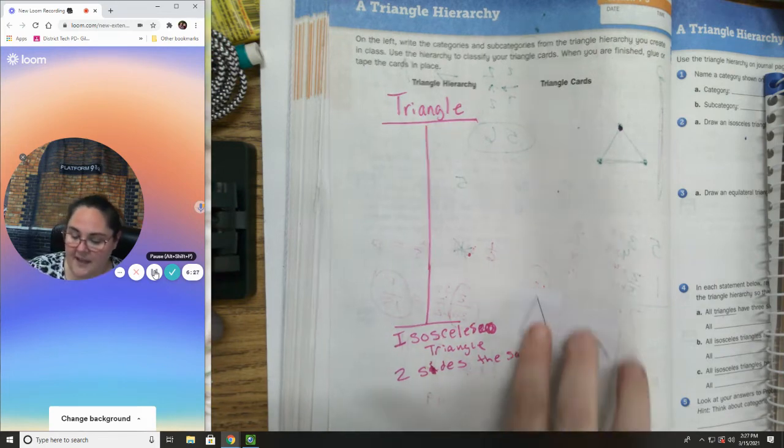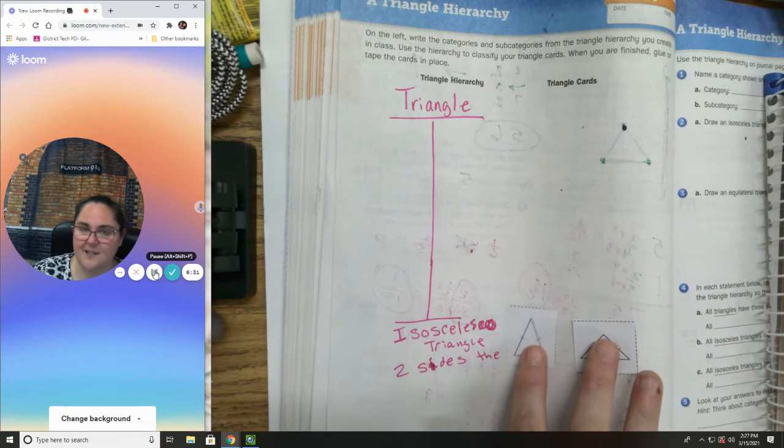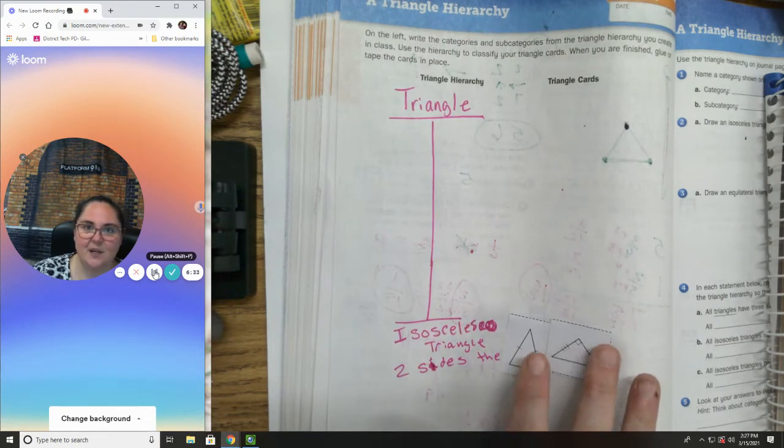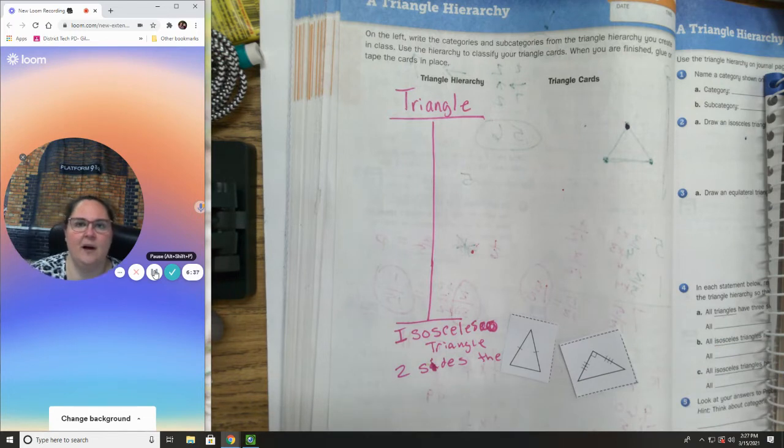Now, are they still triangles? Absolutely. But they're also isosceles. So this goes back to what we were talking about a couple of weeks ago. I know my class worked on comparing different shapes, and it says a rectangle is always a blank, or a blank is always a rectangle. This is one of those times.